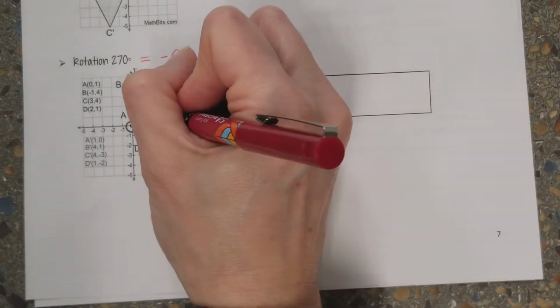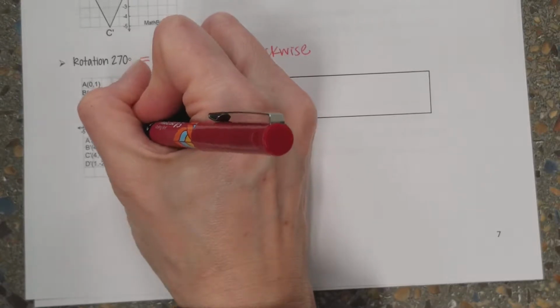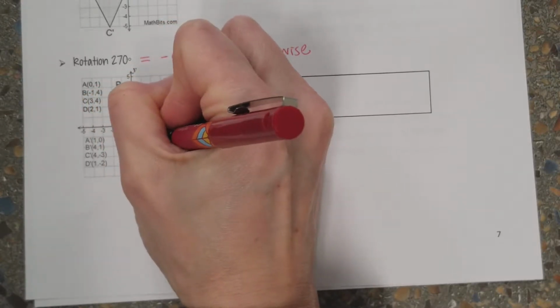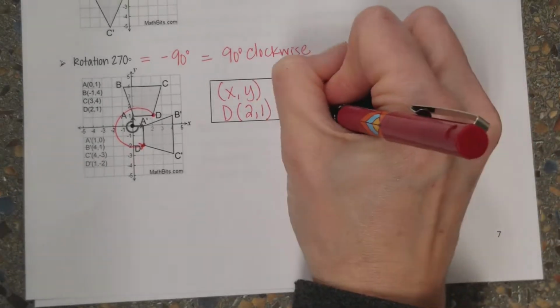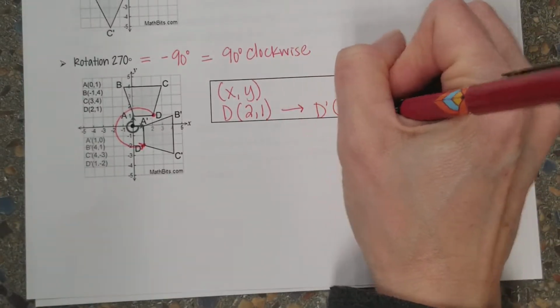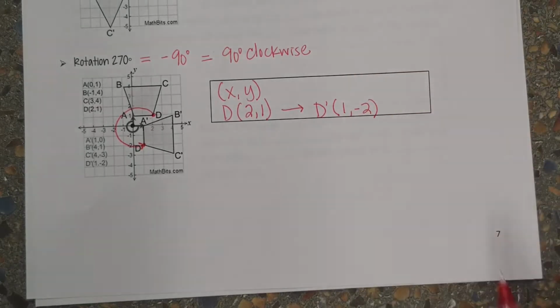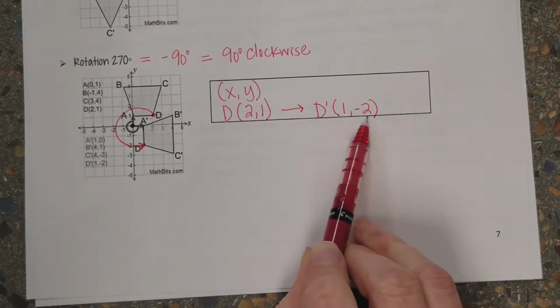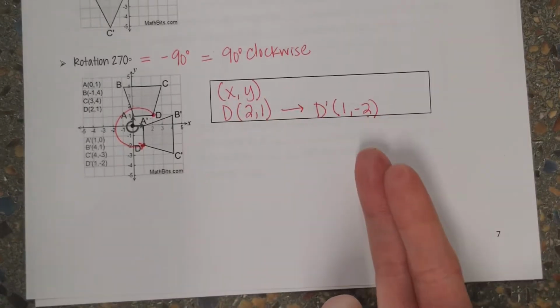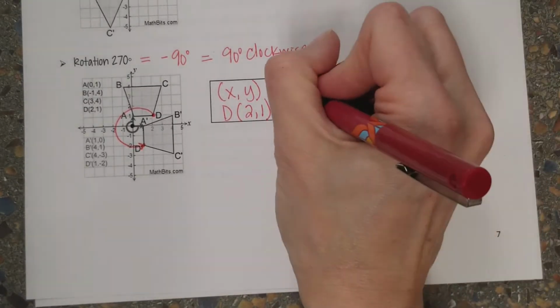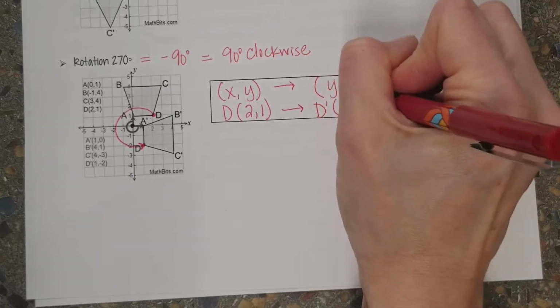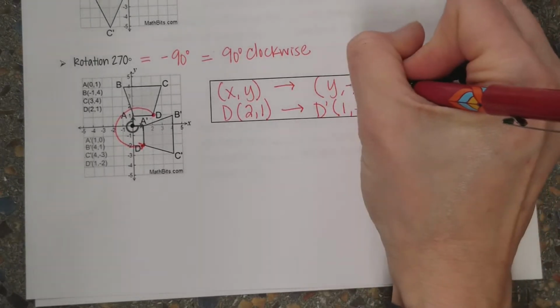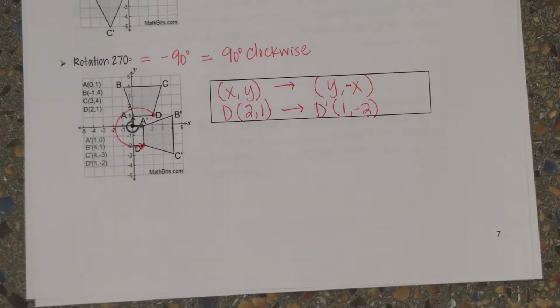Now, once it does a 270-degree turn, it ends up right here. So D prime's new point is 1, negative 2. So how did we get from 2, 1 to 1, negative 2? Well, we flipped them, and then we changed the sign of this second one. So we flip them, and then we change the sign of this one.